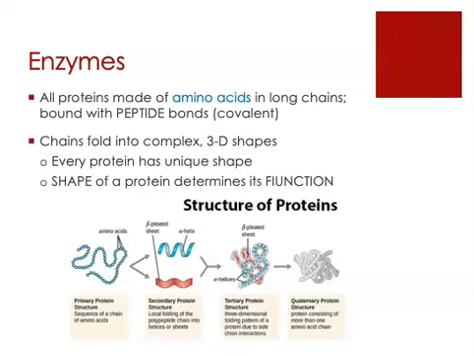Take a look at this diagram at the bottom of the slide. The artist is showing us on the left-hand side this long chain of what looks like blue beads. And these blue beads represent individual amino acids. We can't see it, but remember that off of each one of these blue beads there is a functional group sticking out.